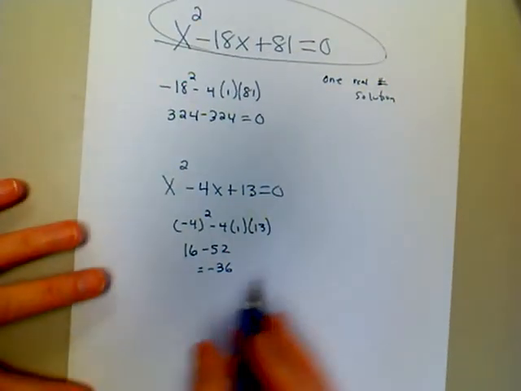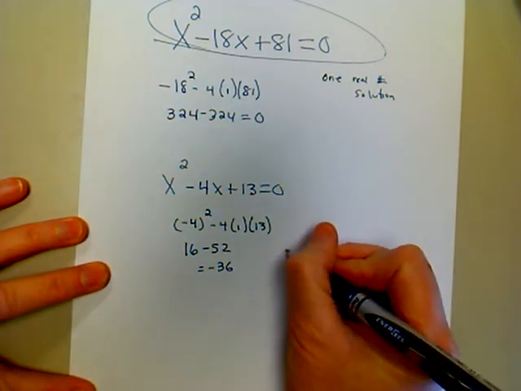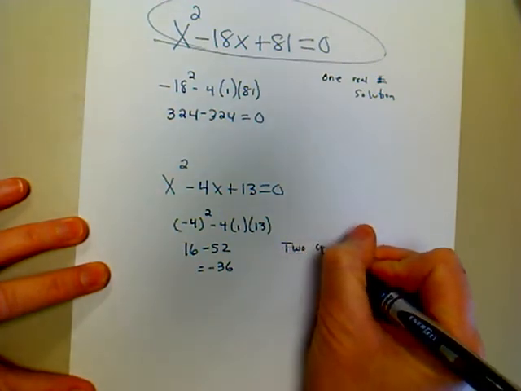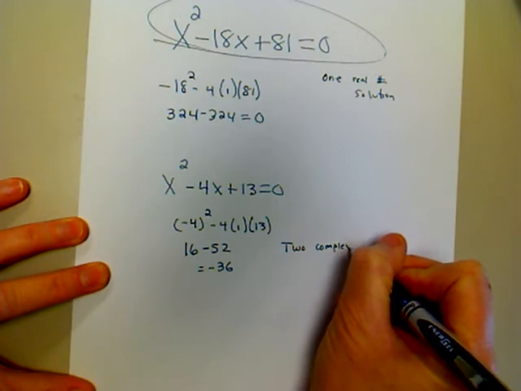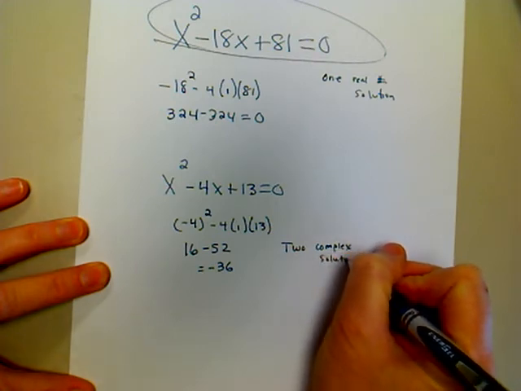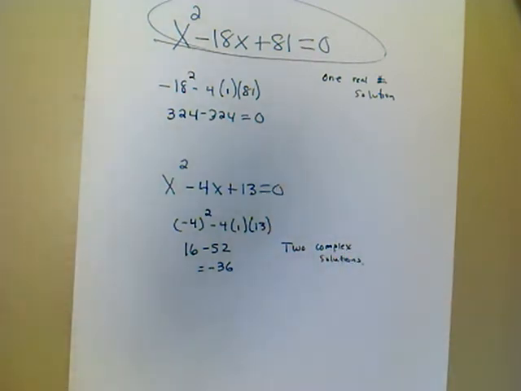So the discriminant is less than 0, which means you have two complex solutions. And that's how you find the discriminant, and that's how you use the discriminant.